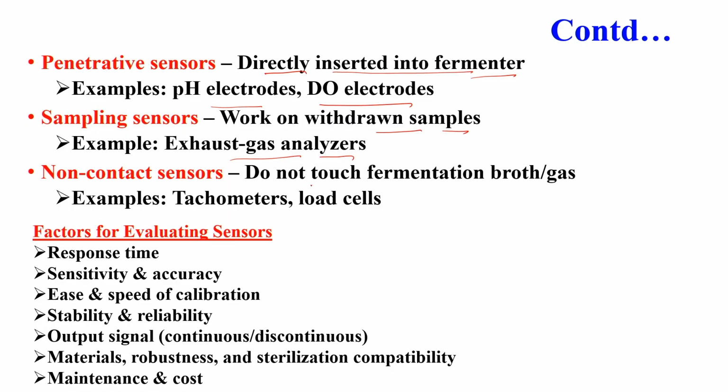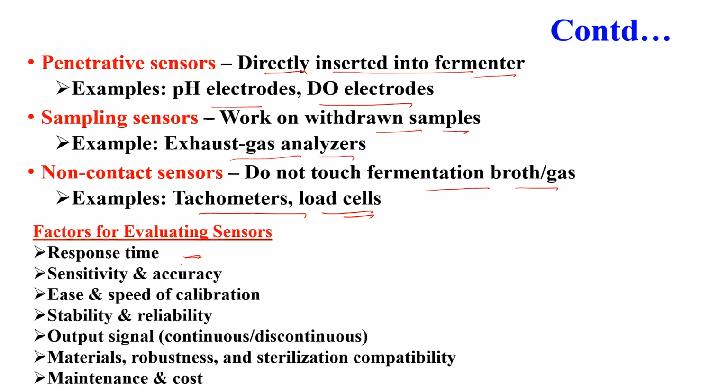And non-contact sensors do not touch the fermenter broth or the gas. For example, a tachometer, where you are monitoring the RPM of a stirrer, or the load cell, where you are monitoring the weight.